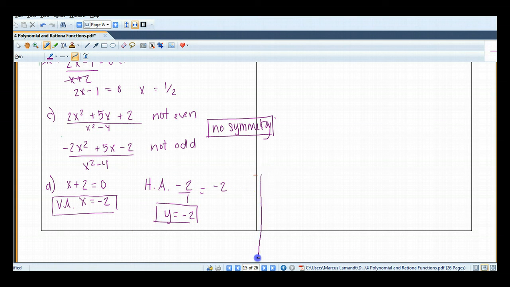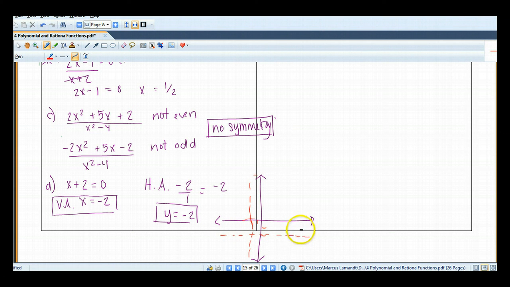Alright, let's go ahead and graph this. Vertical asymptote at x equals negative 2, and y equals negative 2 for the horizontal asymptote.